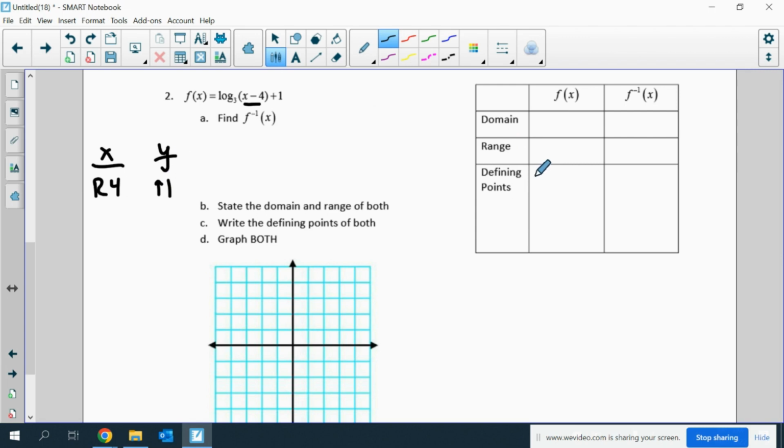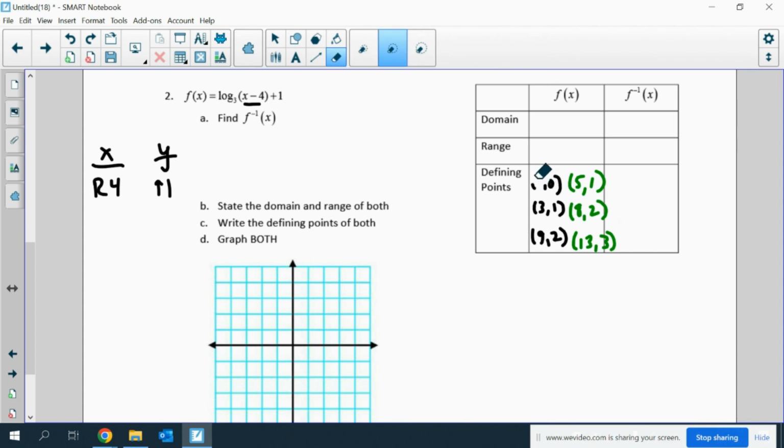So the defining points of log base 3 are typically 1, 0, 3, 1, and 9, 2. Then I will shift all of them right 4 and up 1. So 5, 1, 8, 2, and 13, 3, which of course is going to put us off the graph real fast.